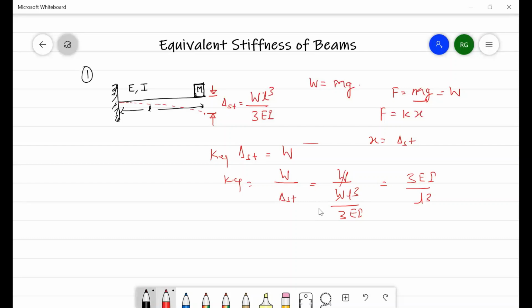This is K equivalent of the cantilever beam.